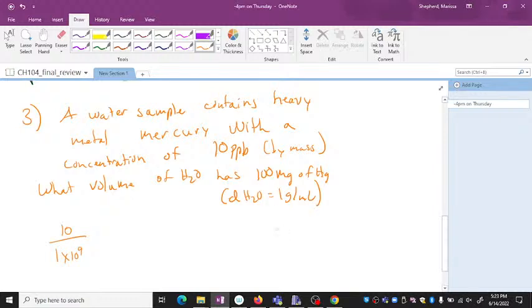Any other ways of expressing it? No, 1 times 10 to the negative 10. So I'm looking for a different sort of relationship, maybe some units of something.